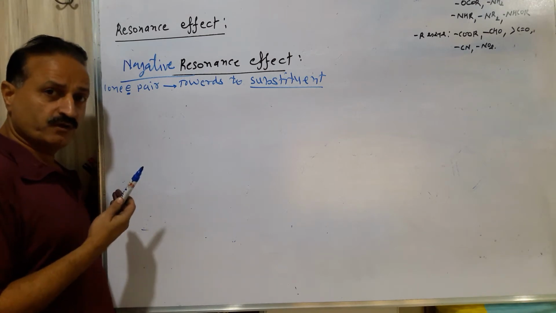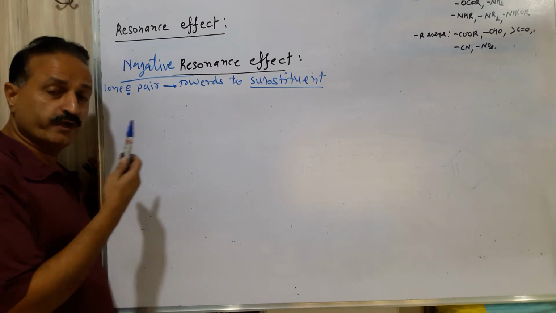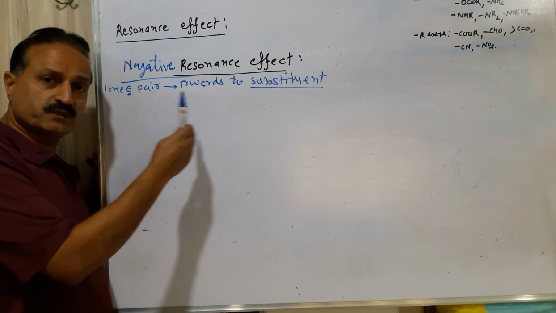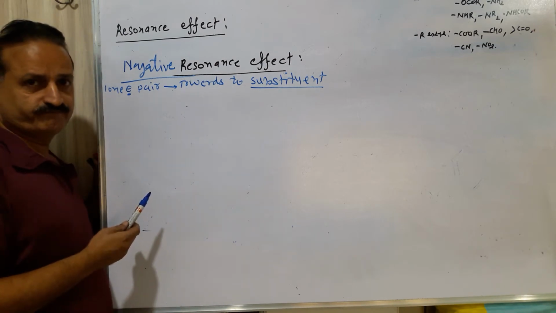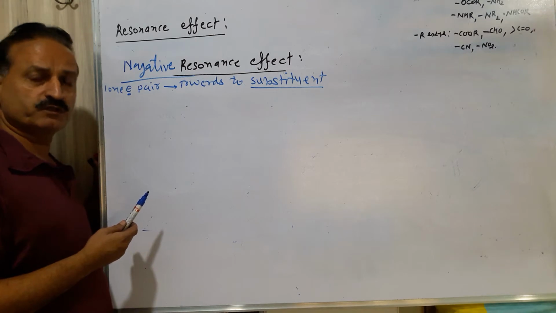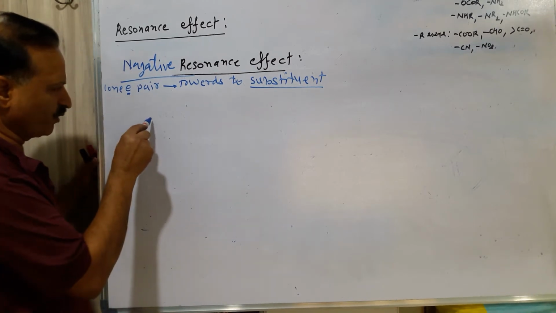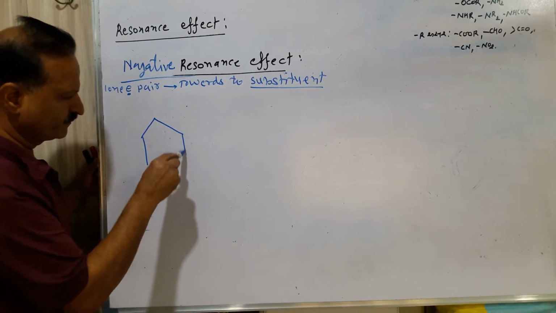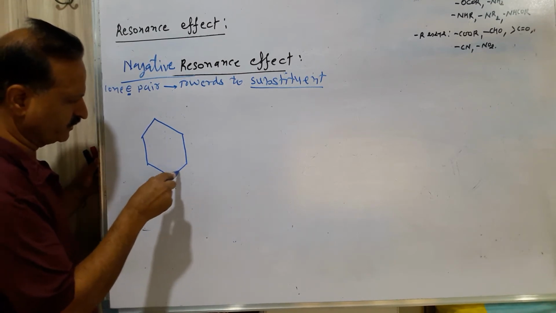Now the electron is going to the substituent from the system. That is known as negative resonance effect. Let's see with a proper example. Polarity will be created. Same definition.